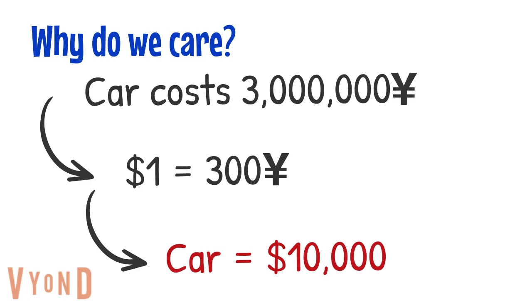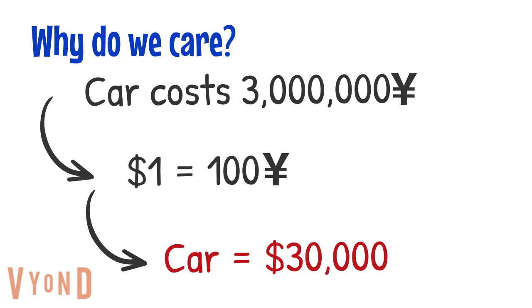It's a $10,000 car. But what has happened is the dollar was about 300 yen to the dollar in 1970, and now it's about 100 yen to the dollar. The dollar has depreciated against the yen. It's less valuable. When the dollar's less valuable, you need more of them to buy something.